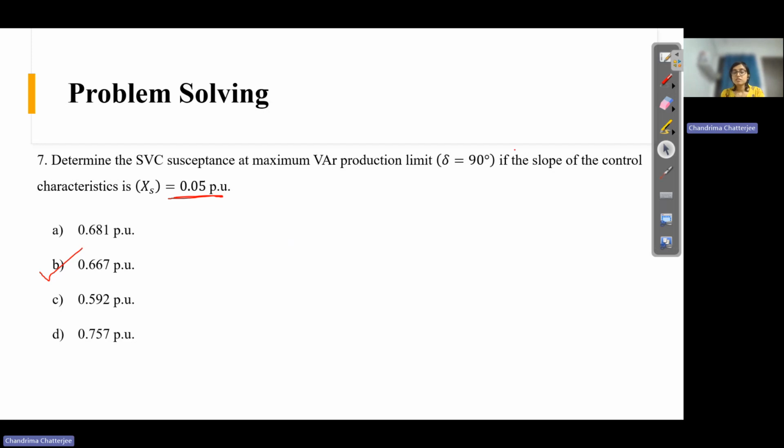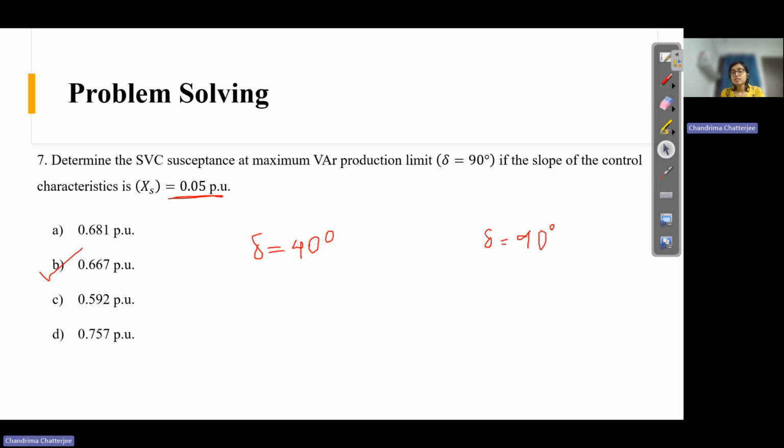So we just saw four different cases. One is this limit where delta was equal to 40 degree, which was when the reactive power was getting absorbed, inductive compensation. For this case, another one for delta equal to 90 degree, which is capacitive compensation.